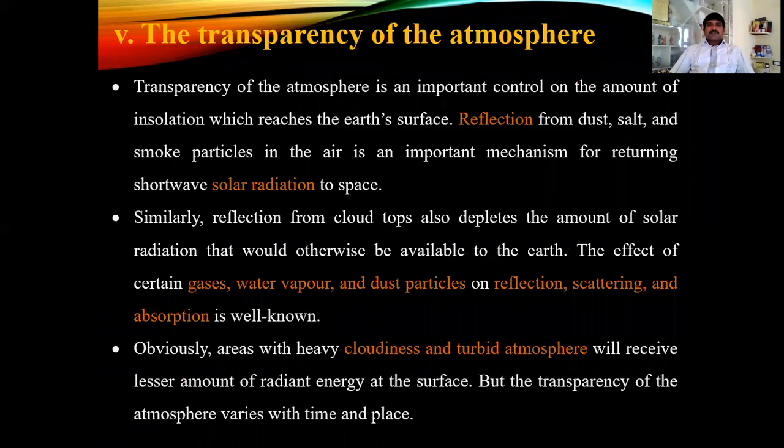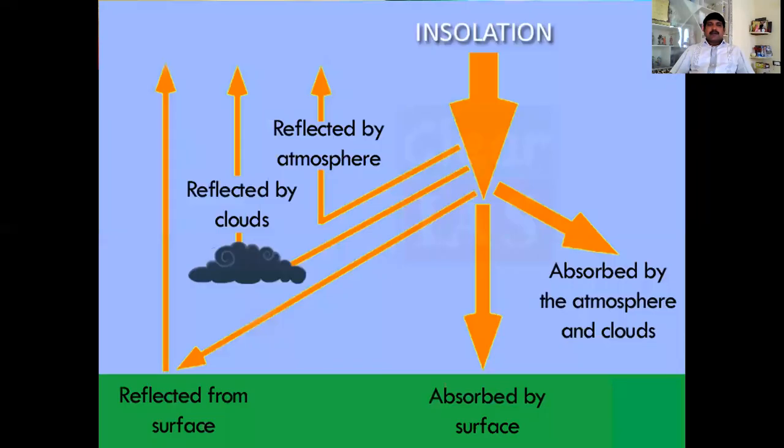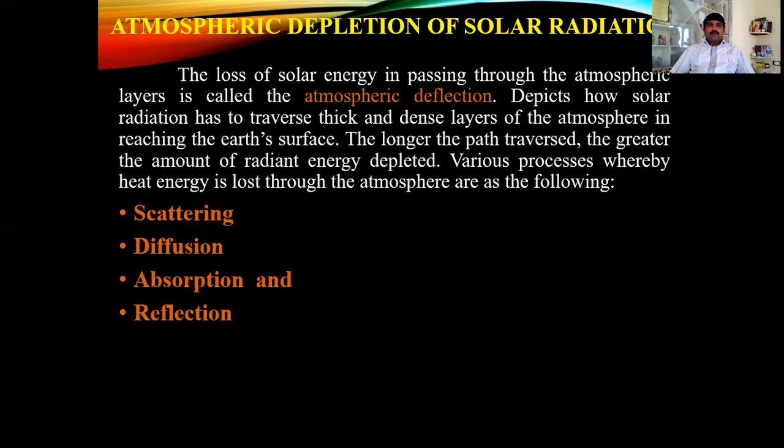Due to the transparency of the atmosphere, insolation is influenced, and as a result, depletion takes place. So in the present session, we will focus on the atmospheric depletion of solar radiation or solar insolation.